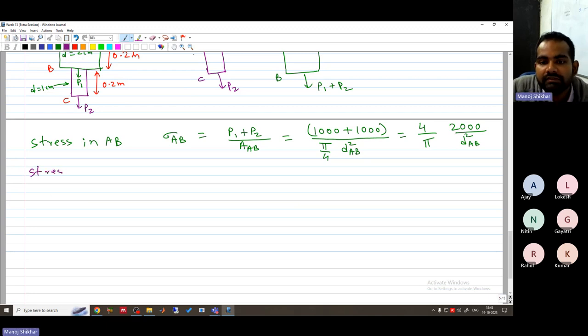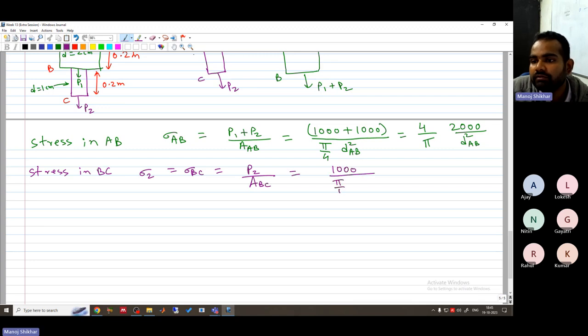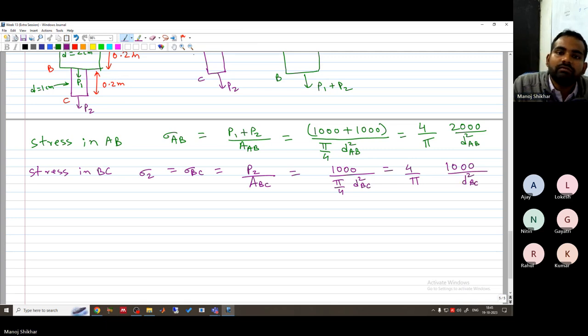Stress in BC is sigma 2 equal to sigma BC equal to P2 upon ABC. So this is 1000 upon pi by 4 into DBC square. So this is basically 4 by pi into 1000 upon DBC square. So this was sigma 1.